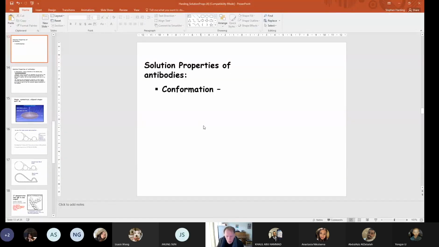Okay, so we want to know what the conformation of an antibody is like as well, and to make sure that the conformation hasn't been disturbed by storage or whatever conditions are used in the process of manufacturing the antibody and getting it to the patients.